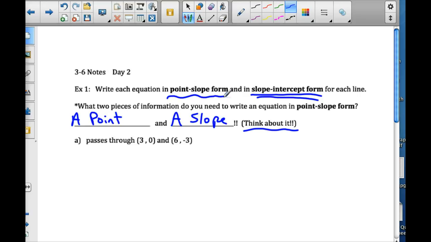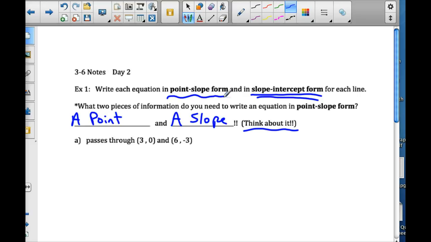All right, so we're given 2 points, but we need a point and a slope. We have 2 points. What do we do? Tully? We take y minus y and x minus x. So then you're going to find the slope through that. You got to find the slope first.